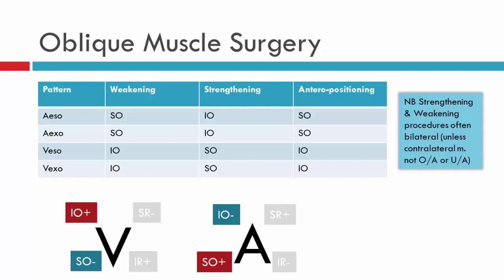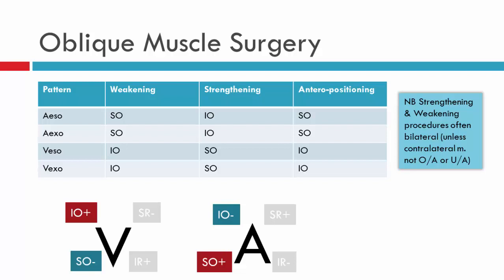Now you'll recall earlier in the video on etiology of AV patterns that we discussed that the most common cause for an AV pattern is an overaction or an underaction of a cyclovertical muscle.